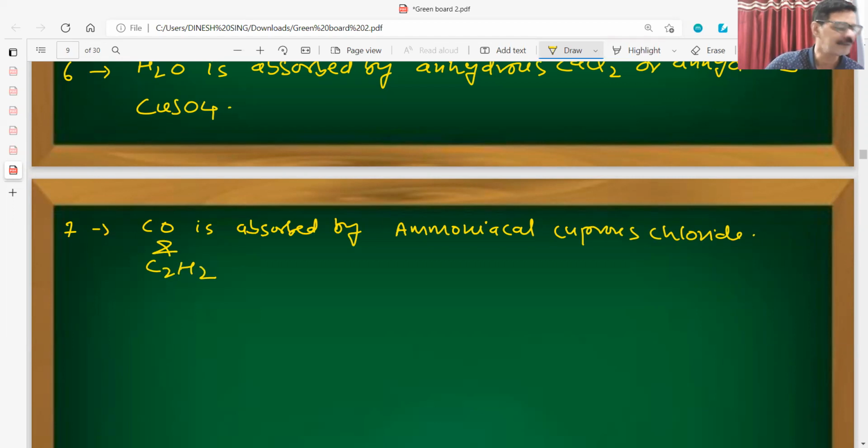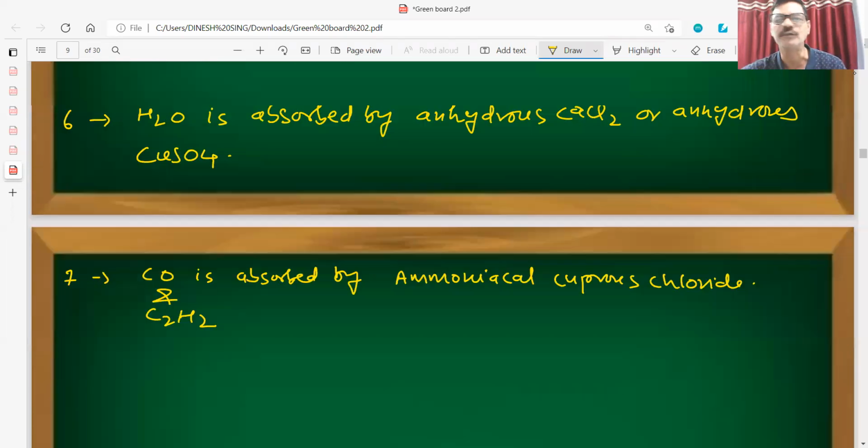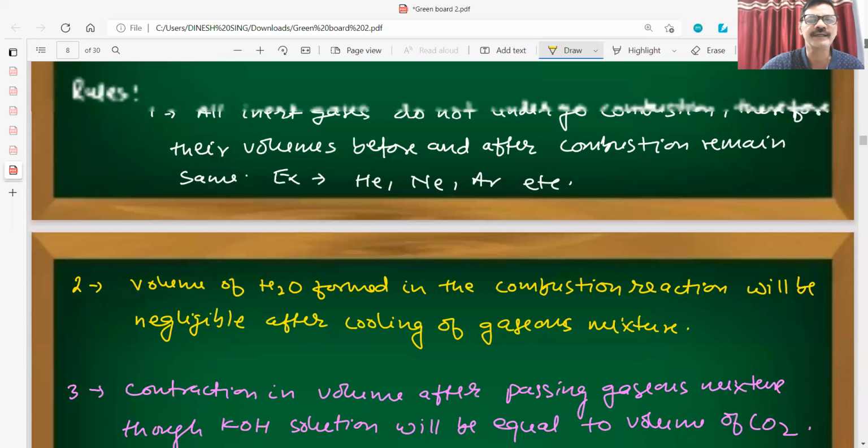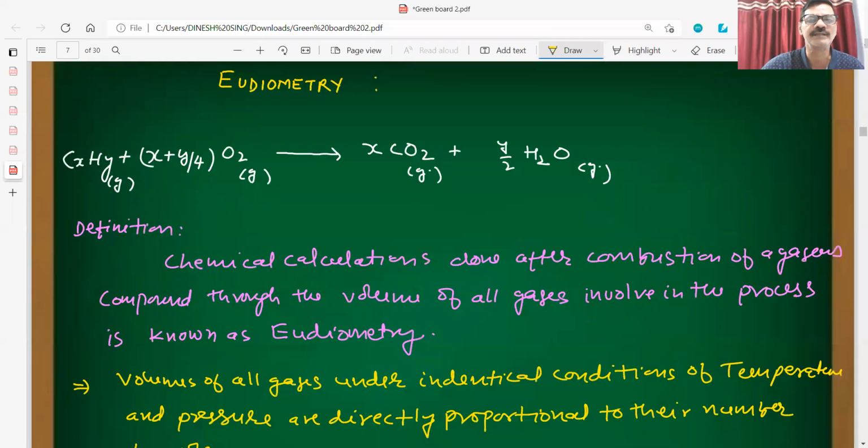So these are the main rules regarding volumetric calculations. Here we have these important points regarding volumetric calculations. Now we will see some examples. From here I have started.